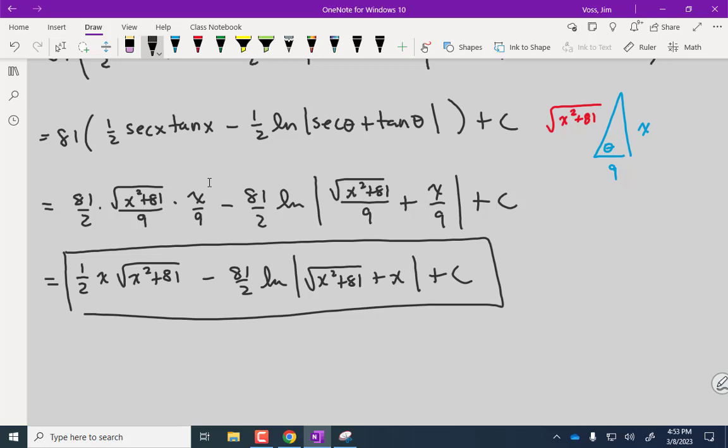Log rule? Yeah, bring the 1/9 out. Log rule. What is the log of A over B? Log of A minus log of B. Yep.